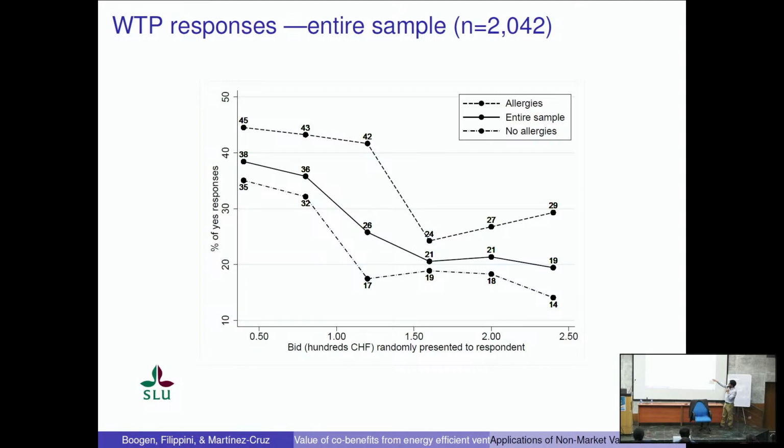Ideally, we would have wanted to have 80% at least of yes on the very left. But we just get 40%. Because the lowest bid that we presented was 50 CHFs.